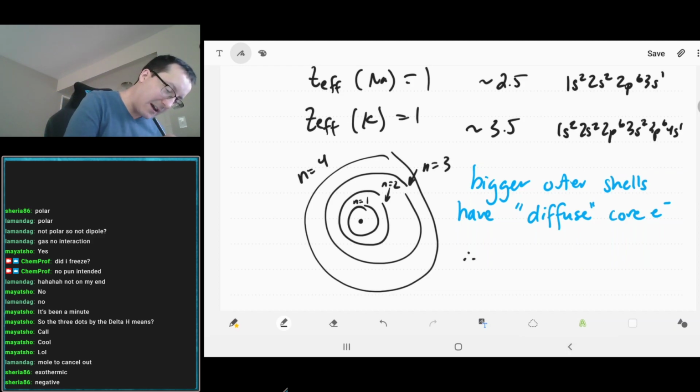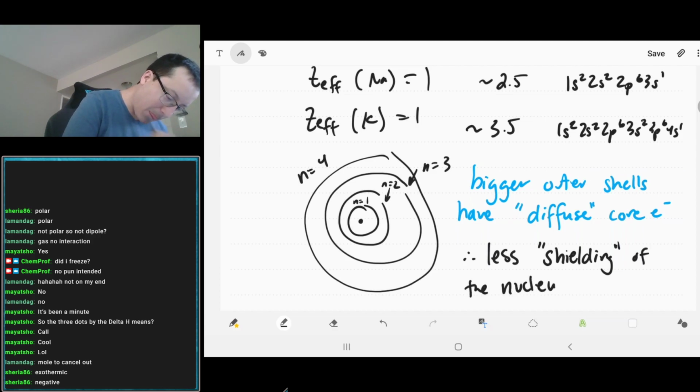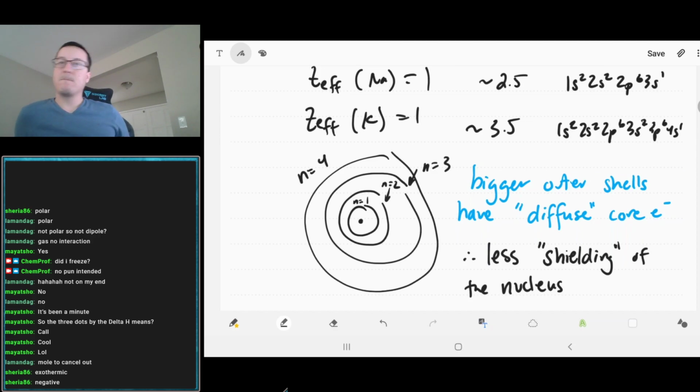And so they have less shielding of the nucleus. Because the electrons in the third shell are spread out more, because it's a bigger shell, the n equals 4 valence electron can get a little bit closer. So it can feel the positive nucleus a little bit more as a result.